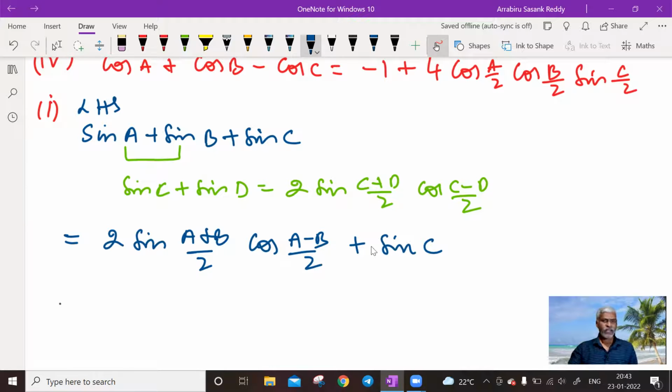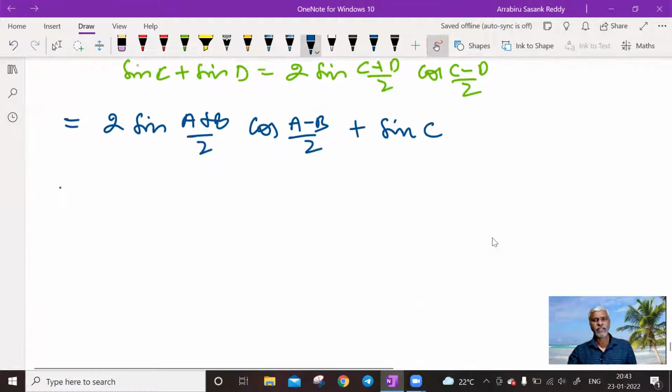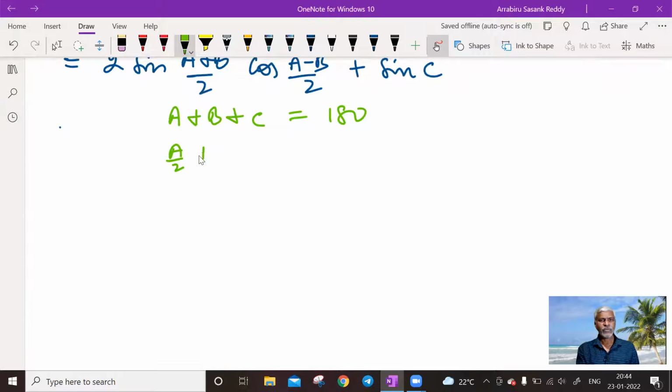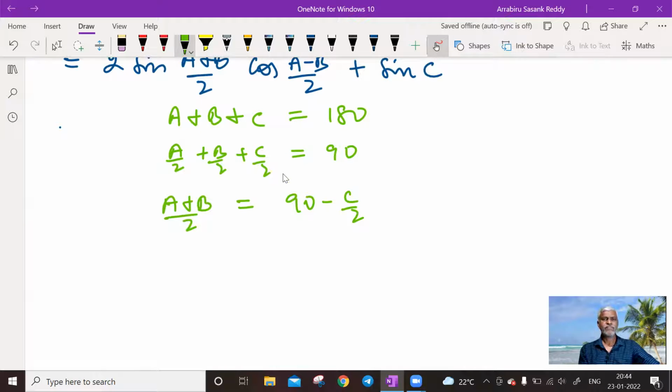Now, since A, B, C are angles in a triangle, A plus B plus C is 180 degrees, and A by 2 plus B by 2 plus C by 2 is 180 by 2, which is 90 degrees. Now A plus B by 2 is equal to 90 minus C by 2.